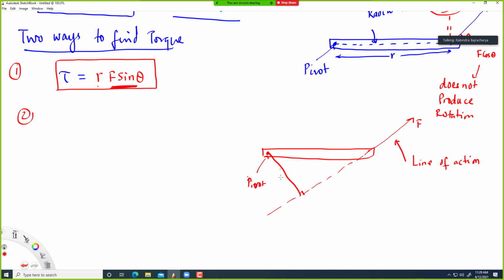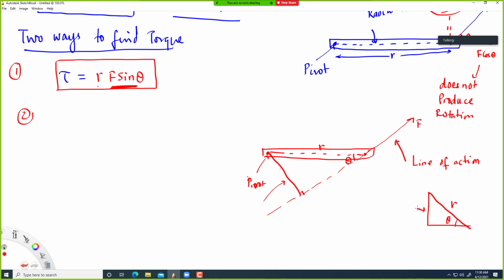So this distance is r. Okay, this is theta. Then what should be this distance using trigonometry? So here you have a triangle where this hypotenuse is r. What should be the perpendicular? You have this triangle, this is r, this is theta.